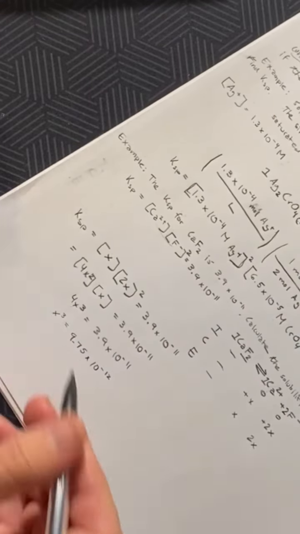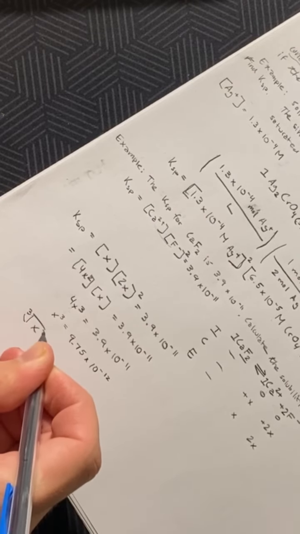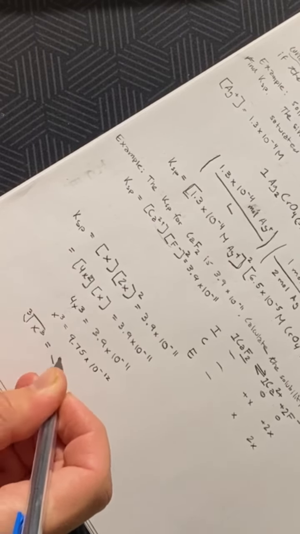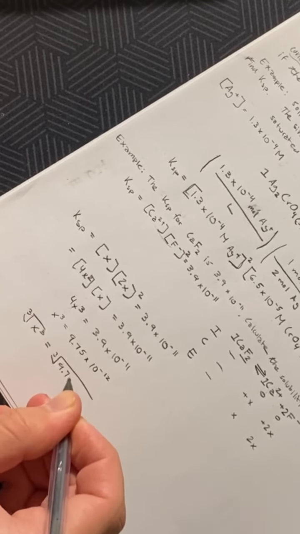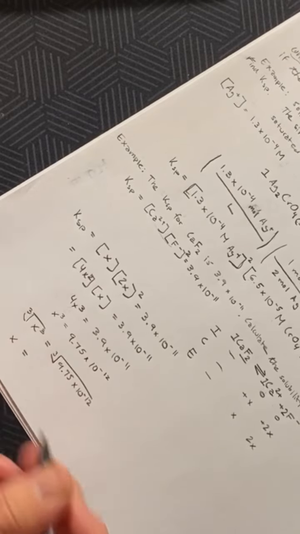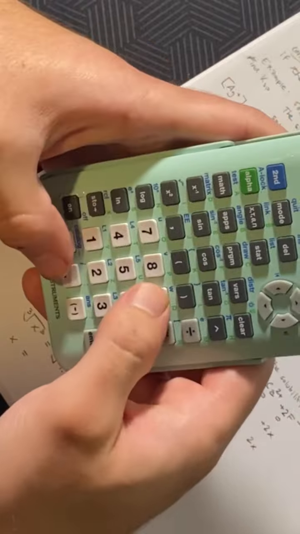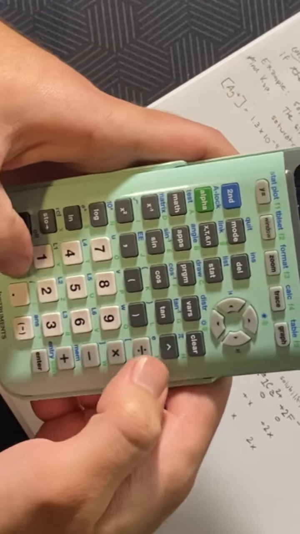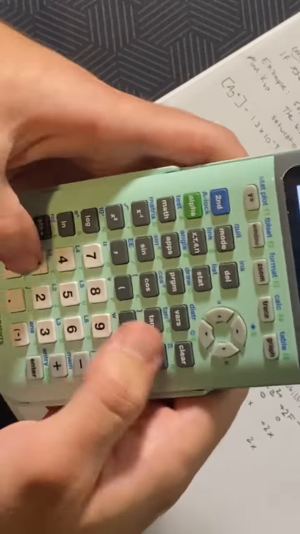And now what we need to do is take the cube root in order to cancel out this exponent, and that should give us our answer. So at the end, x will be 9.75 times 10 to the negative 12 to the power of 1/3.